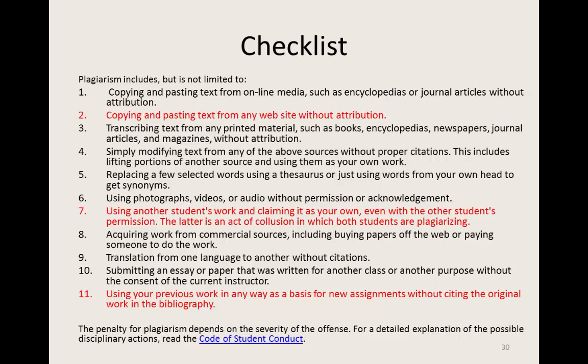Number 8, acquiring work from commercial sources, including buying papers off the web or paying someone to do the work. Number 9, translation from one language to another without citations. Number 10, submitting an essay or paper that was written for another class or another purpose without the consent of the current instructor. And number 11, using your previous work in any way as a basis for new assignments without citing the original work in the bibliography.